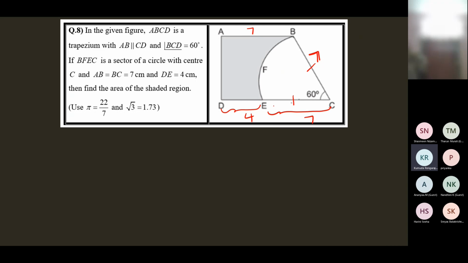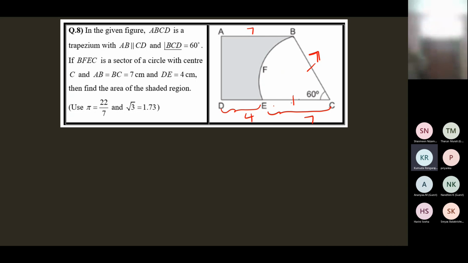So how will we find the area of the shaded region, children? The area of the shaded region is the area of the trapezium minus the area of the sector.